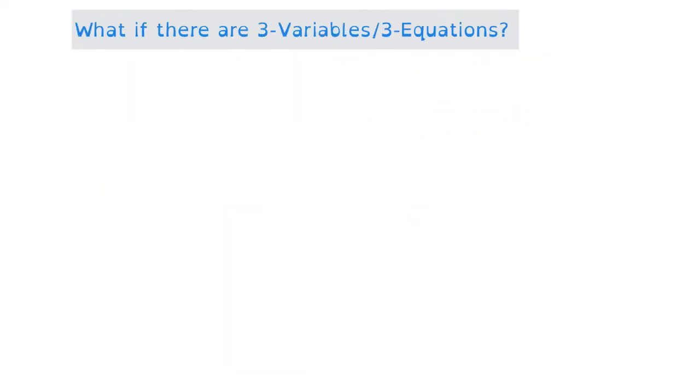So 5.2 goes into 3 variables and 3 equations, and what does that look like? So first thing that you need to know when we talk about graphically what this is looking like, a 3 variable equation is graphed on 3 axes, or it has 3 dimensions to it. And so it's really actually a graph in space.